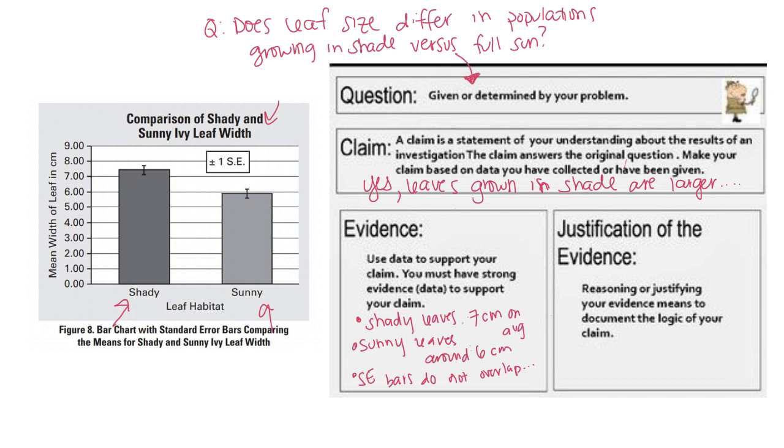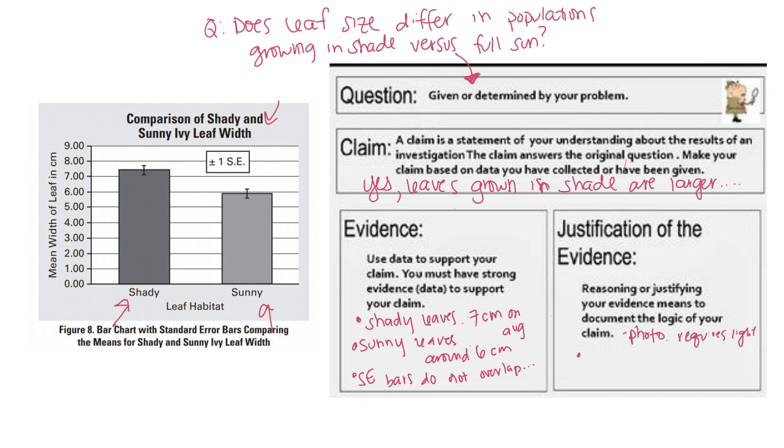So our justification of the evidence. How do we tie this all together? Well, this is where our science comes in. We haven't learned anything about this, so we're going to make guesses, but you would be doing this while you're learning information. So for example, we know that photosynthesis requires light.